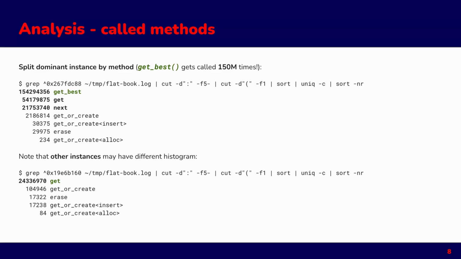That's logical. And then there are allocations, but it's implementation specific. So that's interesting because insertions and erase is, I don't know, three orders of magnitude lower than the lookups. So the workload is read heavy and has huge bias towards the best of book.